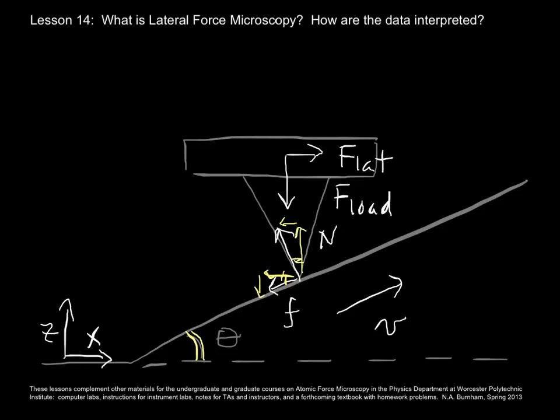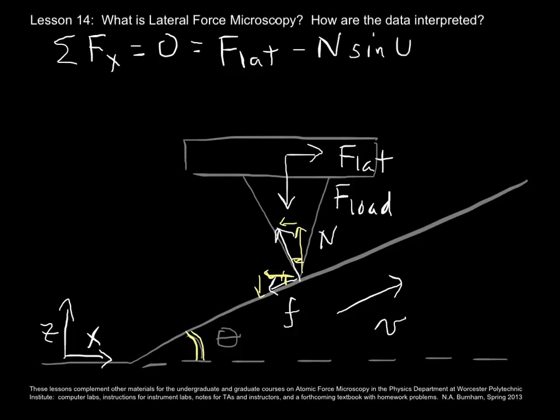Back to Newton now. Summing forces in the x direction, setting them equal to 0. We have lateral force in the positive x direction. The x component of the normal force is in the negative direction, and friction, that x component, is in the negative direction.